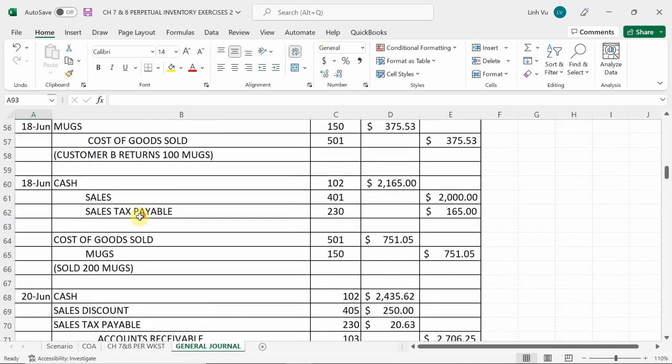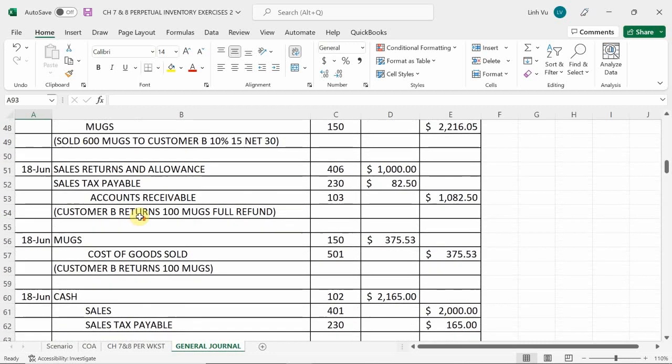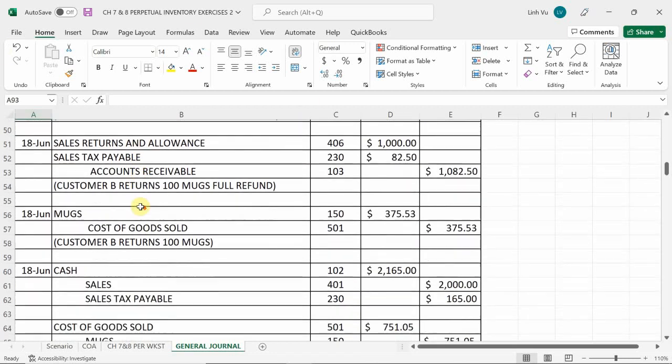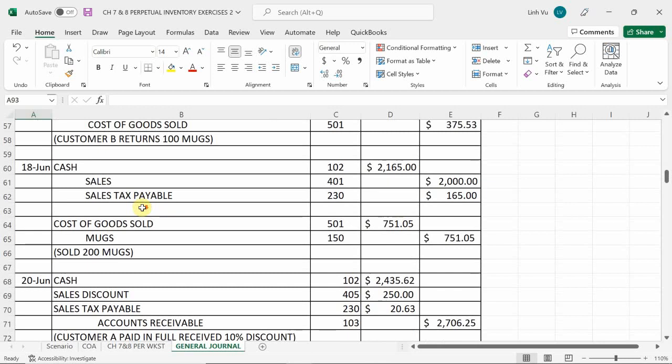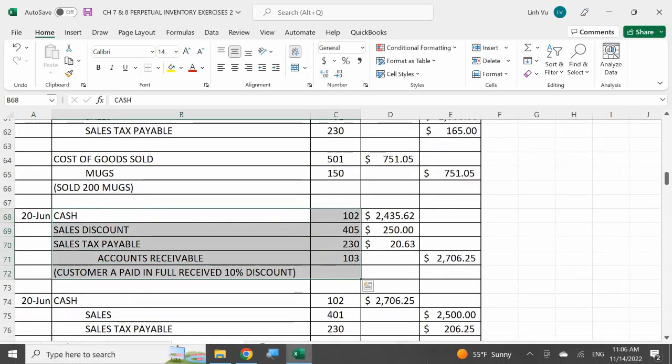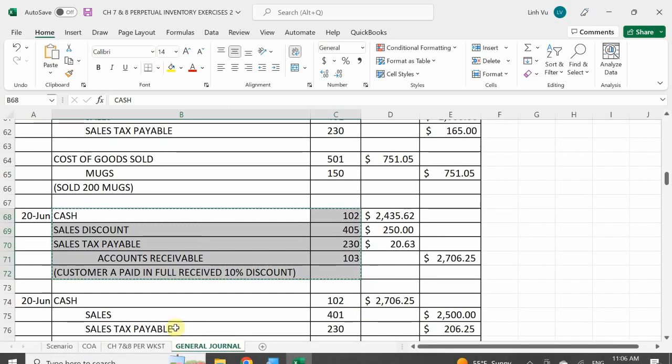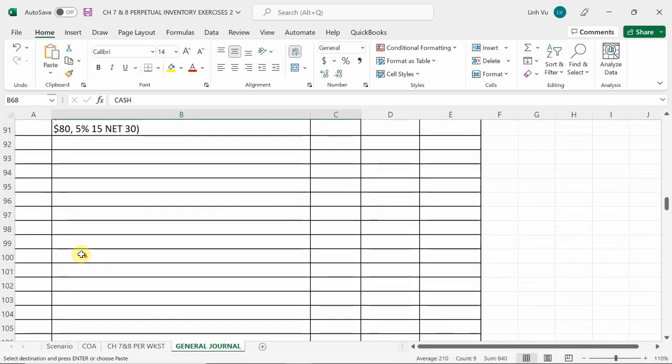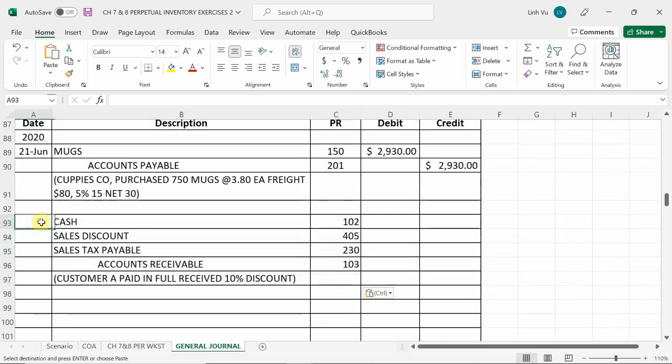So let's see. We received cash, sales discount. Right here, you would copy this one because we did the same thing for customer A. We received cash, and here we also give a discount.